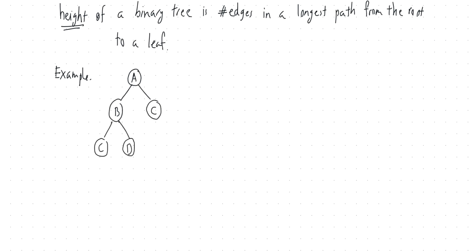So it says the number of edges in a longest path from the root to a leaf. Now we have 3 leaves here, and root is 1 always. Now we have to look at the paths from the root to every leaf. So the first one is this path here in blue that consists of one edge only.